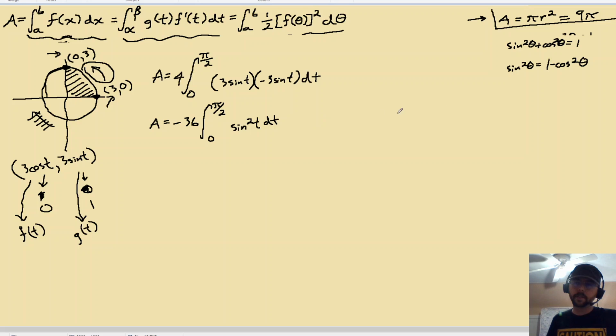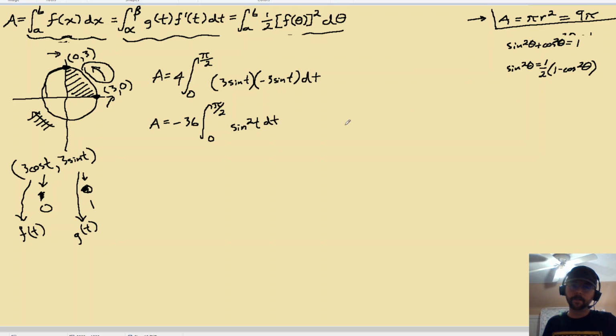That's not the one we wanted to use. We want power reducing. So that was sine squared theta equals 1/2 times 1 minus cosine squared theta. And actually, maybe I did go the right direction because we have a minus sign in there. I'm not 100% sure on that.